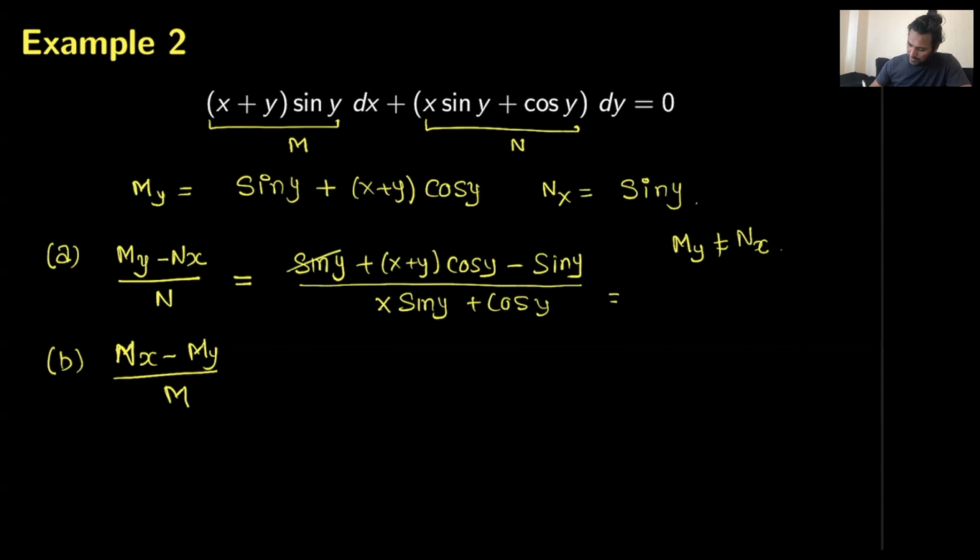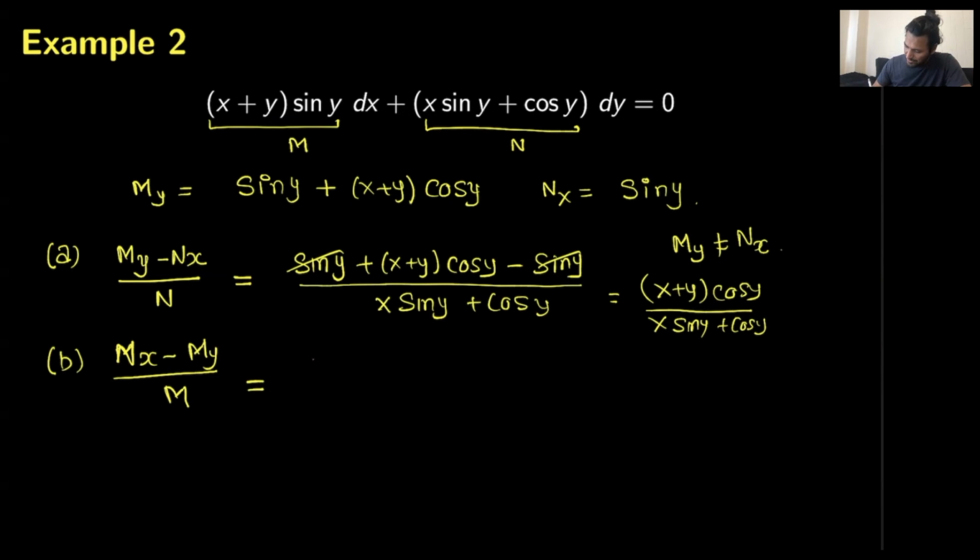Now this term cancels out, so you are left with (x + y) cosine y on the top. However, in the bottom you have x sin y plus cosine y. So I don't think this can be written as a function of y or x alone. So we will leave it alone right now and compute the second term meanwhile.